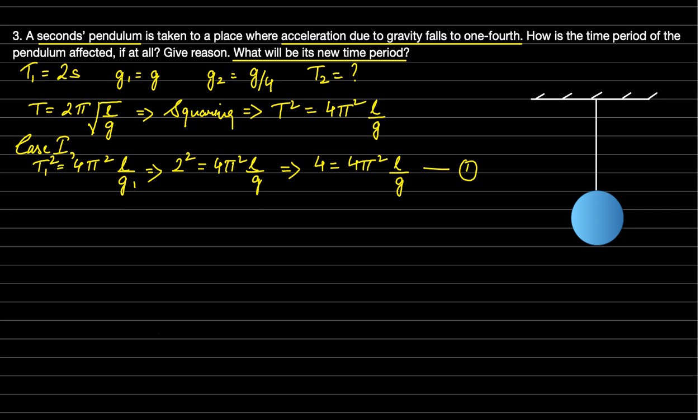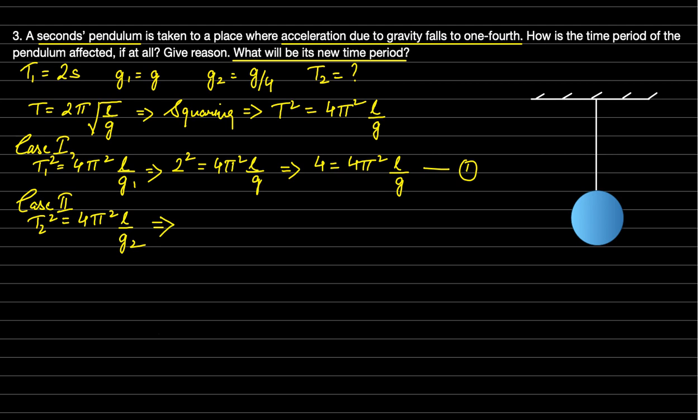When I consider this as equation 1, I would be taking case 2 now. Once I take case 2, I get T2 square is equal to 4 pi square L divided by g2.